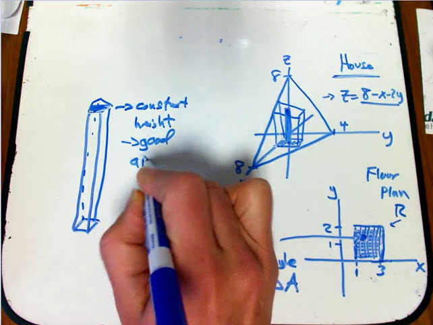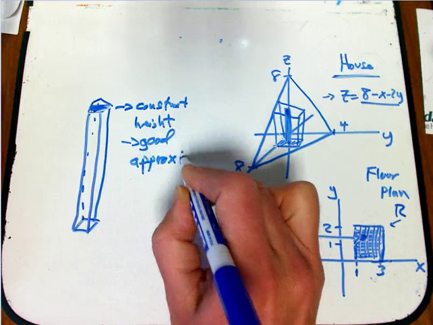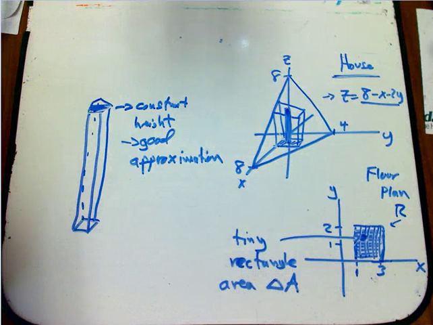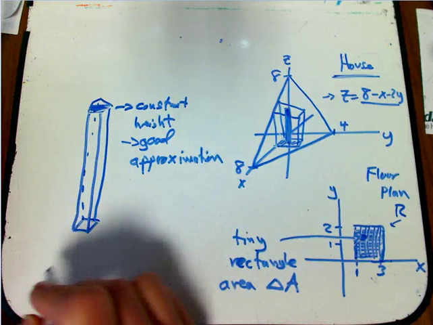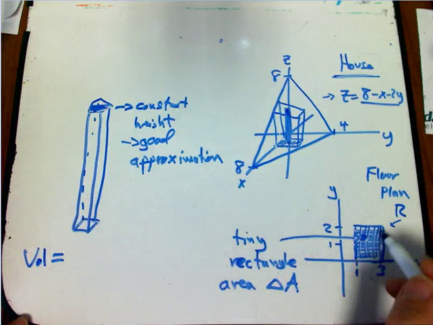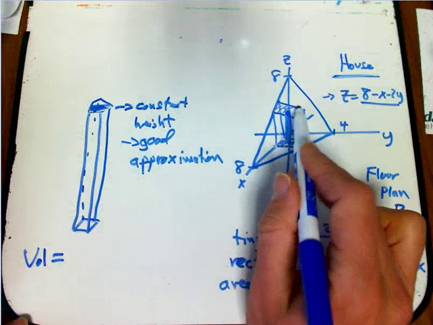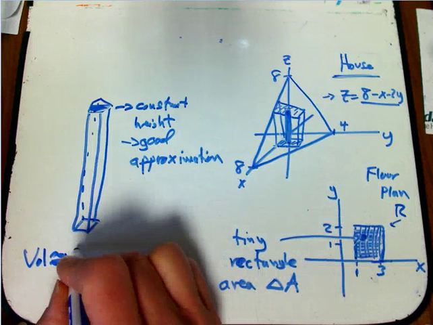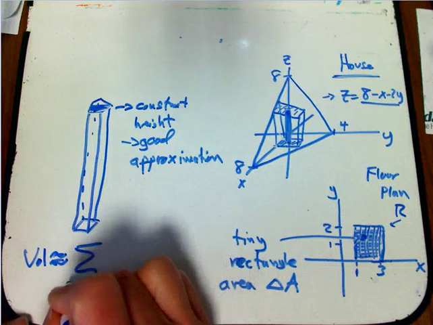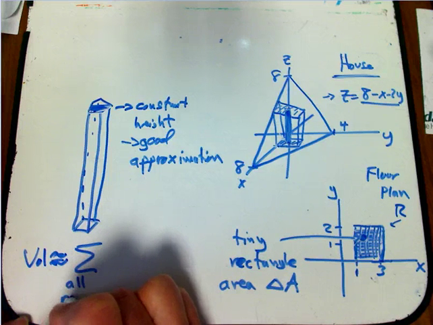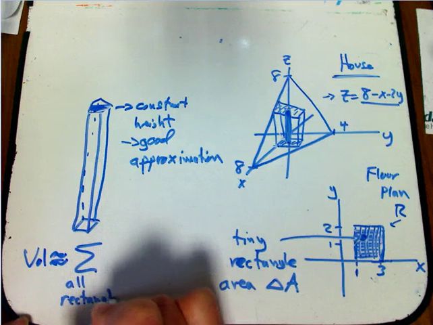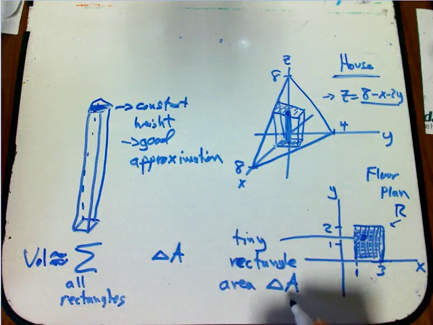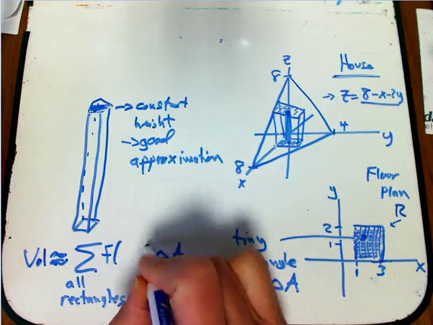This is very similar to thinking about the rectangle method, or the more fancy name is Riemann sums, for an integral in one variable. And so the volume over this floor plan under this function is going to be, a good approximation, especially if I cut this up really, really small, the sum over all those little tiny rectangles of, well, the area of the rectangle times the height.